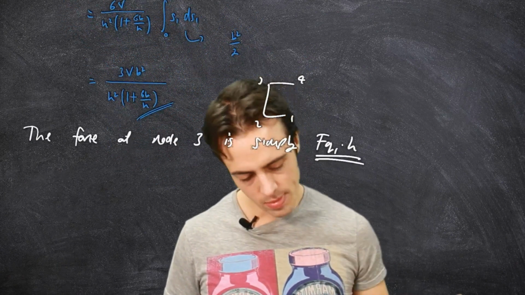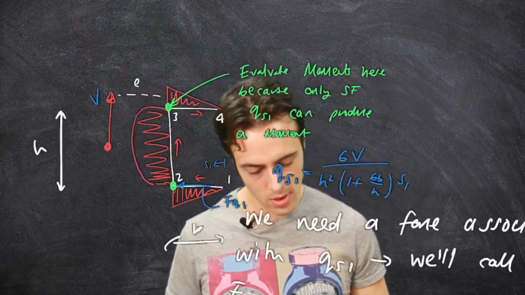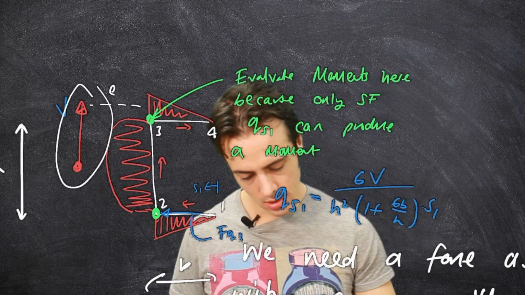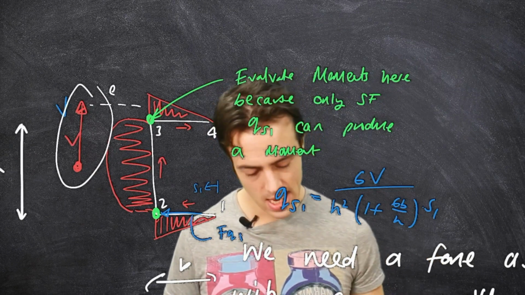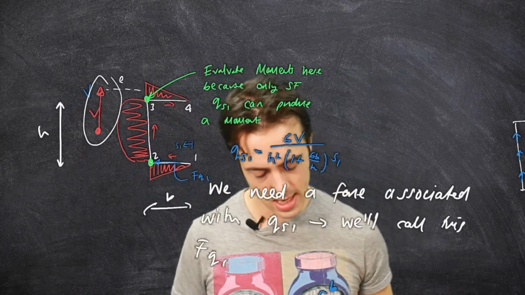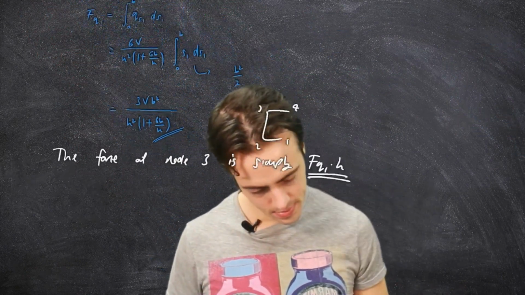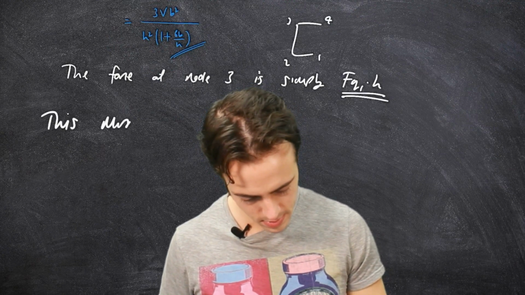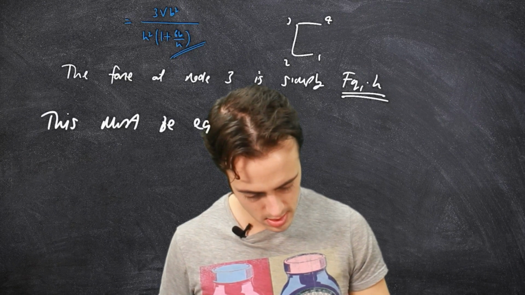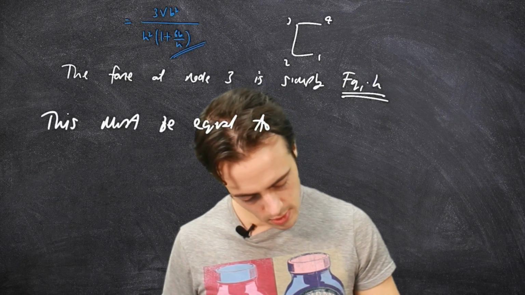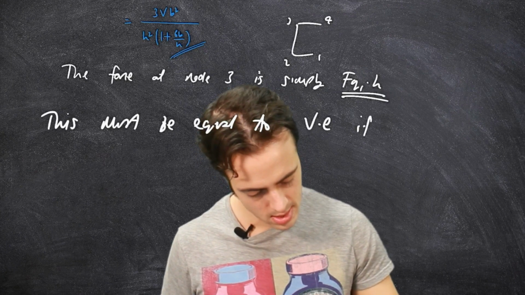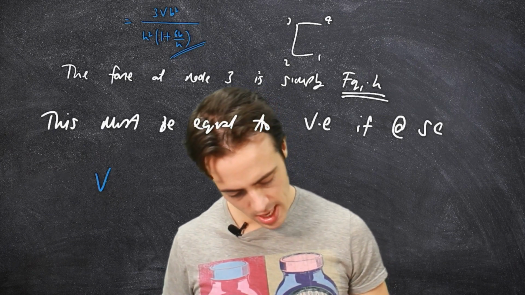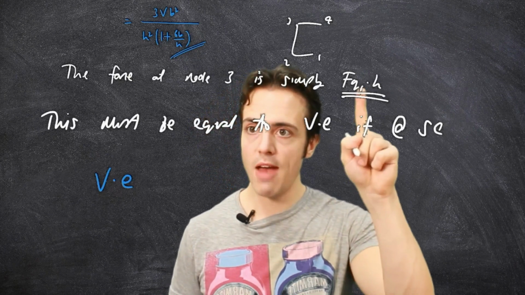So we know this has to be equal, if we're loading at the shear centre, to the moment produced by this. So the moment at 3 produced by our loading v, which is just an arbitrary loading v, is going to be v multiplied by e. So this must be equal to v multiplied by e if at shear centre. So then we can write this out. V multiplied by e is equal to fq1 multiplied by h.